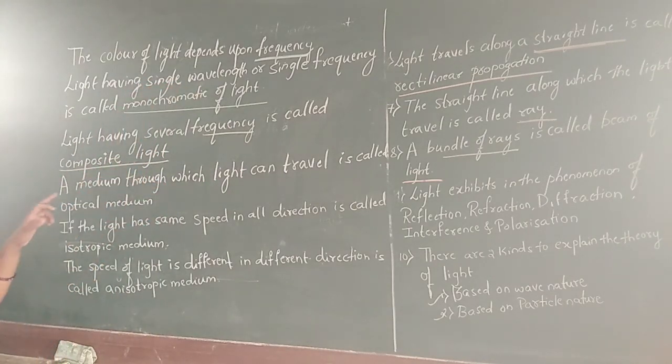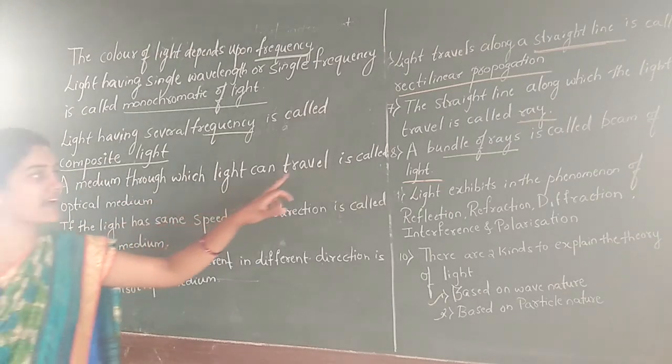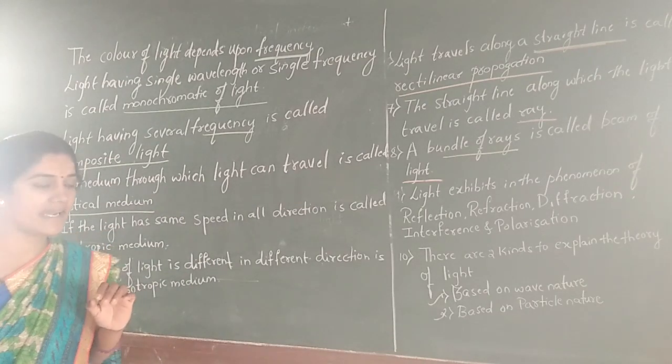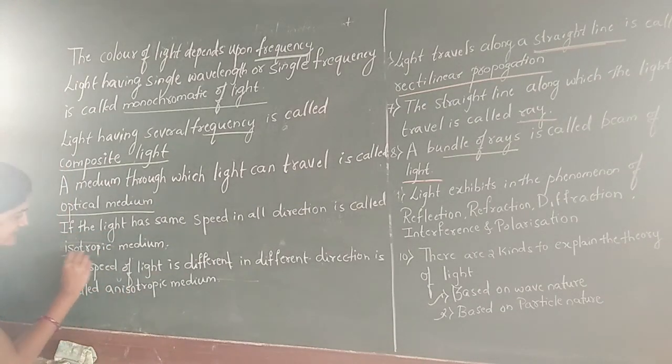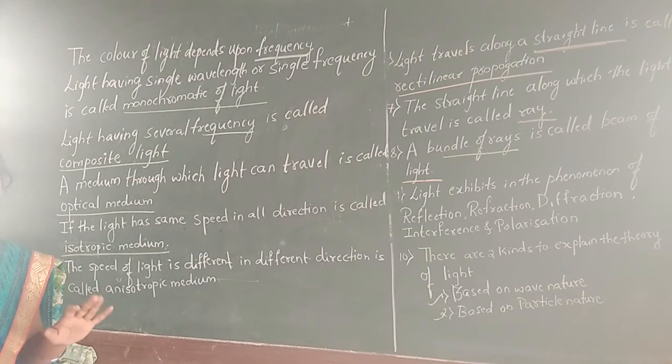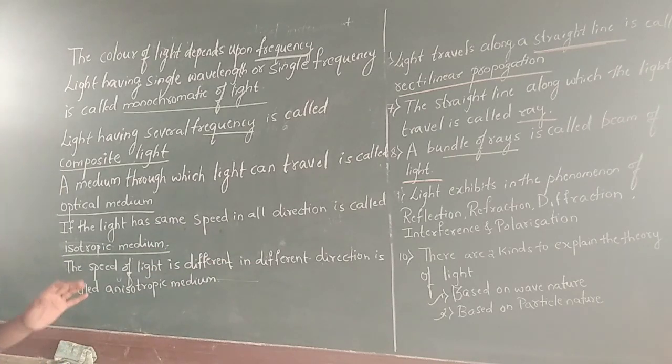Next, a medium through which light can travel is called an optical medium. If the light has the same speed in all directions, it does not change speed in any direction, then we call it an isotropic medium.